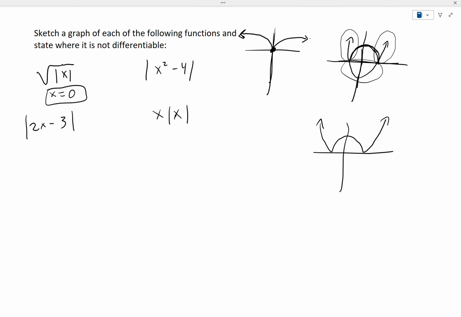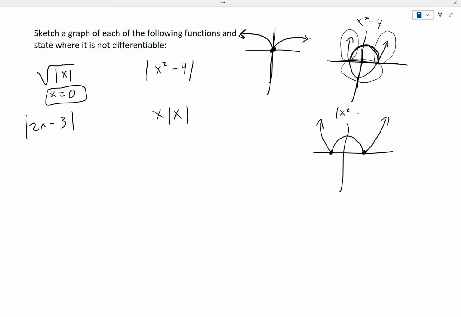So where is this function not differentiable? Well, it's not going to be differentiable at the sharp points, which are right here and right here. And those are the values where this function is equal to 0, and it's the values where the original that we made up here, just x squared minus 4, was equal to 0.